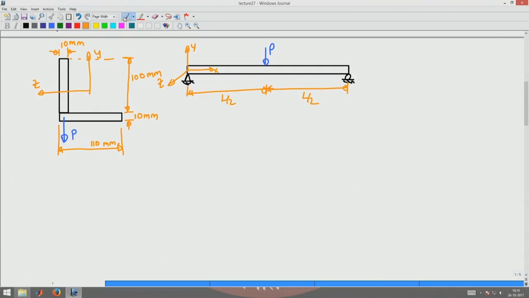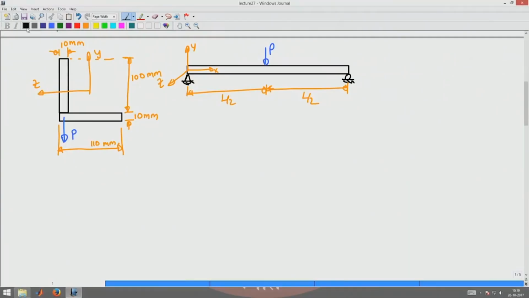In lecture 25, we saw how to compute the moment of inertia and the center of this cross section. So I am not going to repeat how to compute the center and the moment of inertia of this cross section, but give the end results. Since it is an equal angle cross section, the Y centroid and Z centroid would be the same, equal to 31.2 mm.